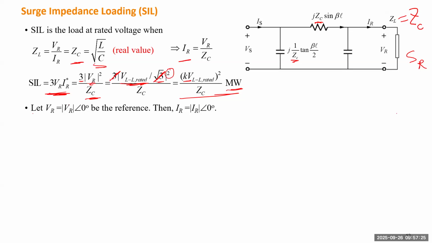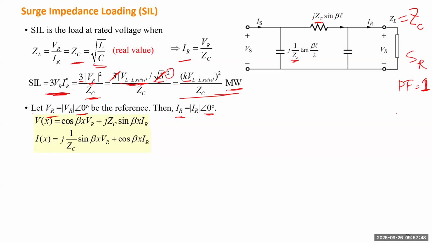If we let the receiving end voltage be the reference, with 0 angle, the current will also have 0 angle, because the load is real and the power factor is 1. So current and voltage are in exactly the same phase.